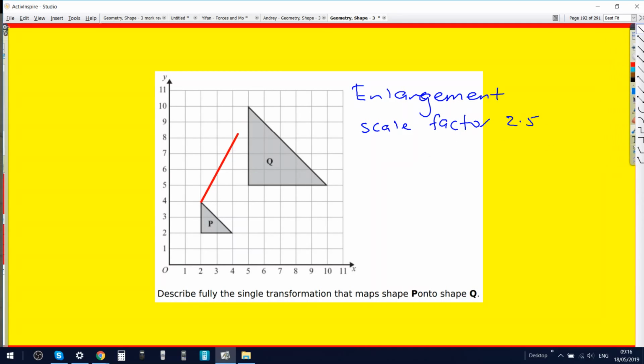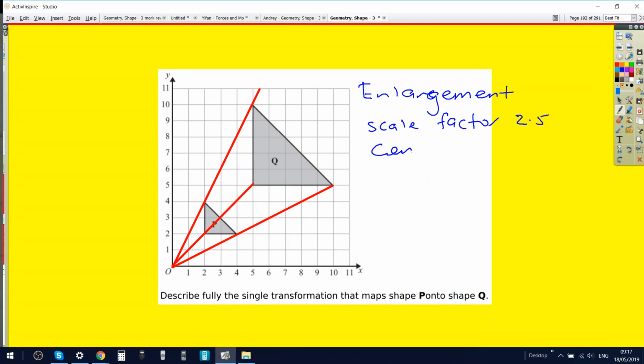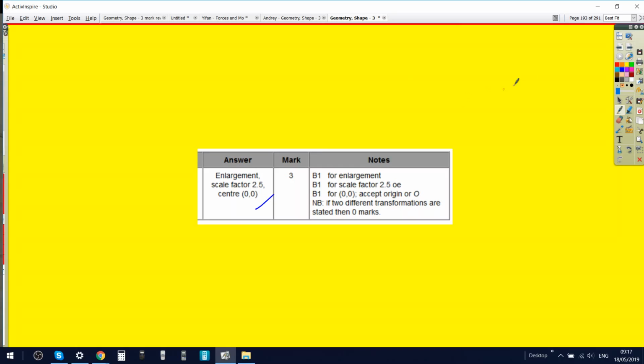And so you just match up the corners with each other. So is that like that? They might like the origin. And so center, is it just center 0 again? Yeah. There you go.